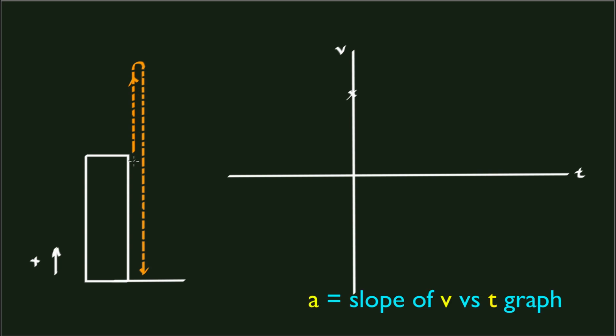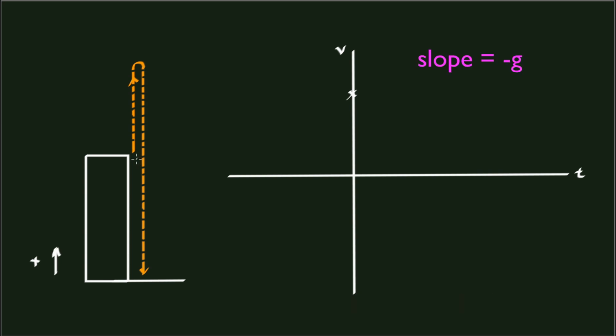Now the acceleration is the slope of the velocity versus time graph. So the slope in this example is a constant negative number equal to minus g. So the graph for the entire motion will be a straight line of negative slope. So let's draw that.